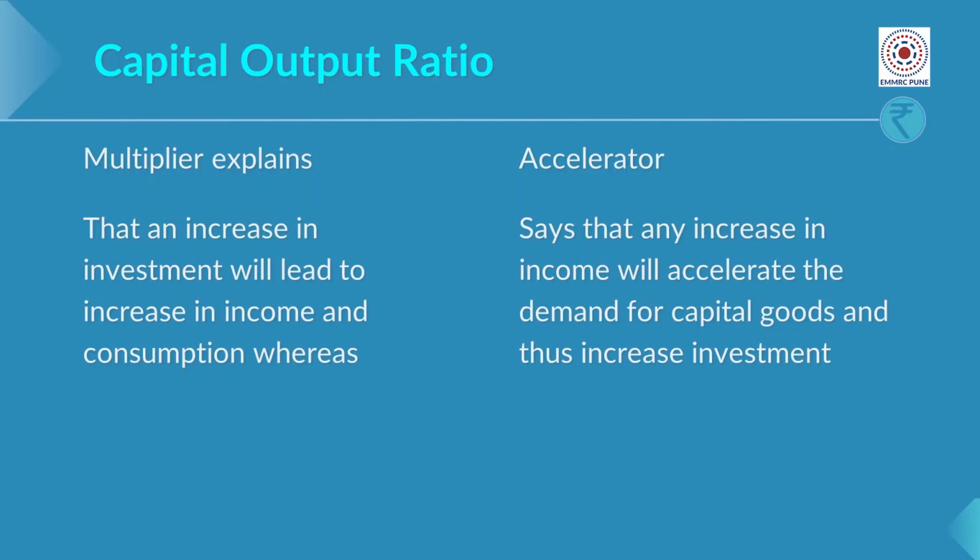Thus, the multiplier explains that an increase in investment will lead to increase in income and consumption, whereas the accelerator says that any increase in income will accelerate the demand for capital goods and thus increase investment.